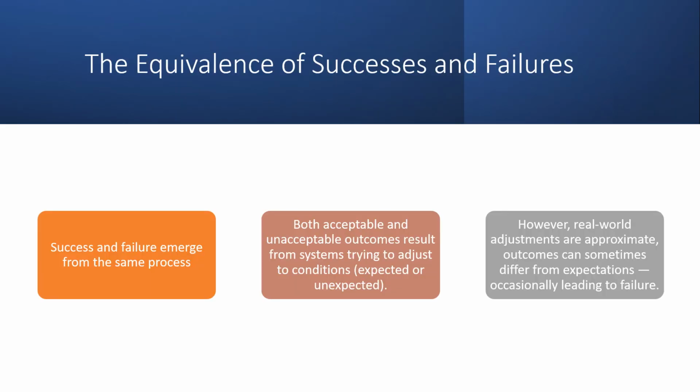The first principle is that success and failure emerge from the same underlying processes. When people adjust to conditions, whether expected or unexpected, the adjustments are always approximate, they're never perfect. Most of the time these approximations work just fine, but occasionally they miss the mark, and that's when what we call failure occurs.